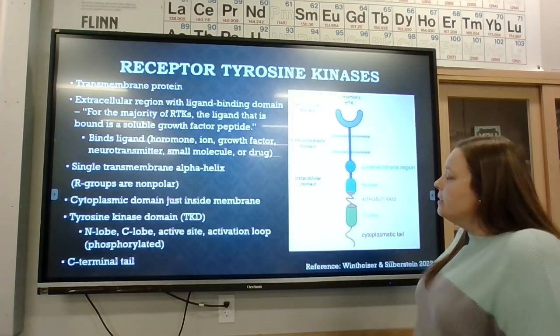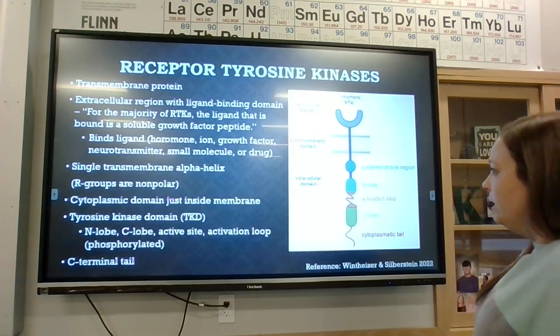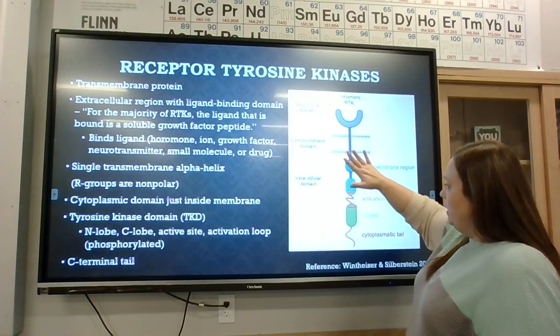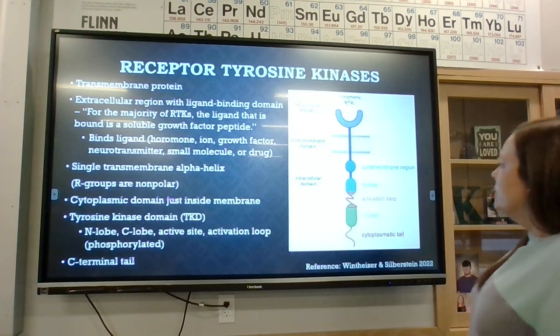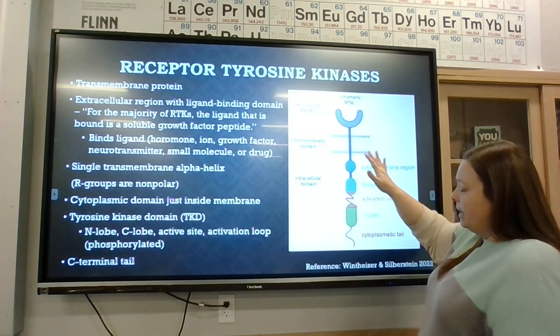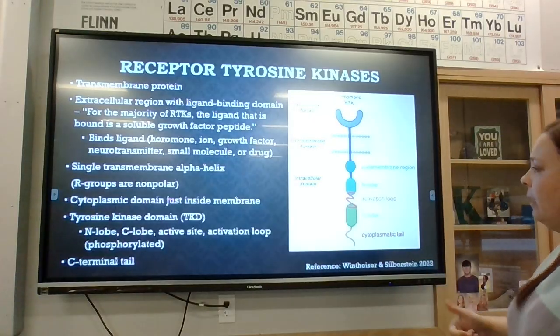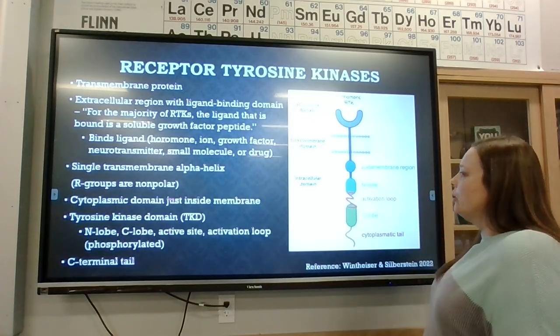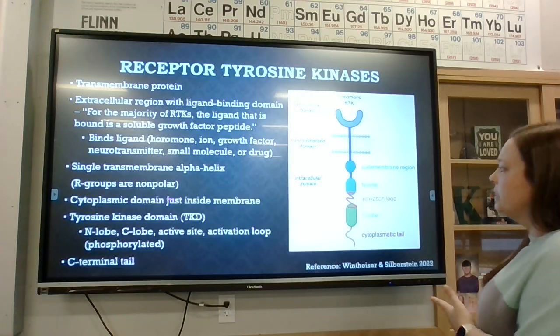Getting into the inside of the cellular space, we can get to the cytoplasmic domain, which is all of this positioning here. There is going to be part of the enzyme that is very closely connected to the membrane. And then a little bit further down, you're going to get to the actual meat and potatoes of this enzyme.